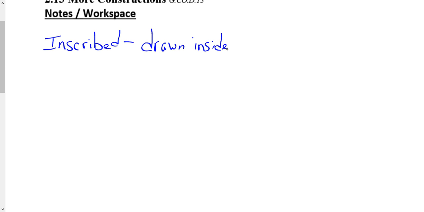So if we're going to inscribe one figure inside of another one, let me define what that is. Inscribe, okay? Means the figure is drawn inside another figure, or constructed even.